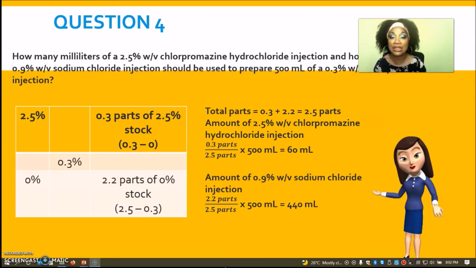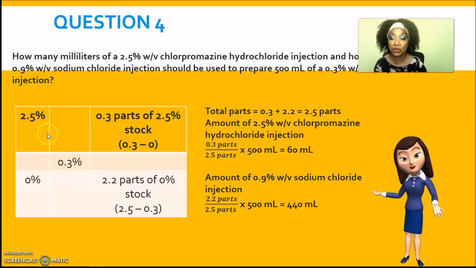So it means then that we are combining two ingredients together to get a final concentration of another ingredient. We are going to use alligation alternate. So we set up our calculation in such a way that the concentration we want to determine is in the center, and the other two concentrations are written at the top and the bottom of it.